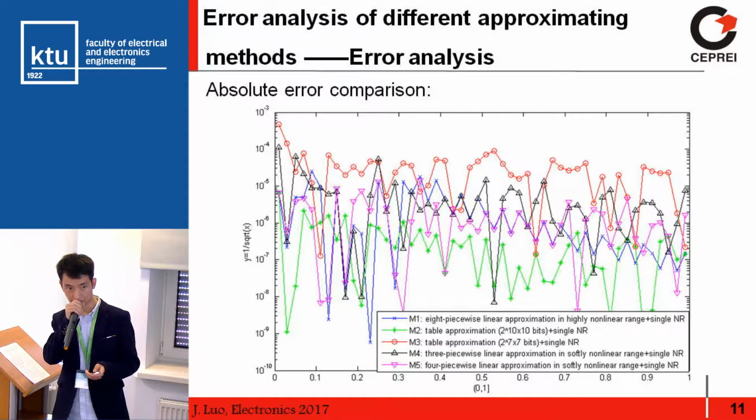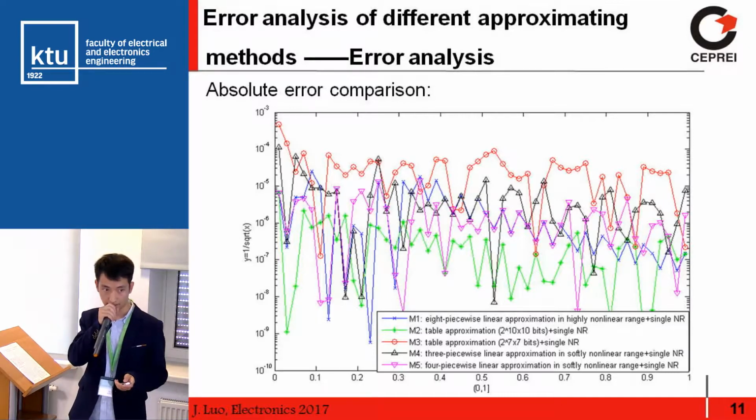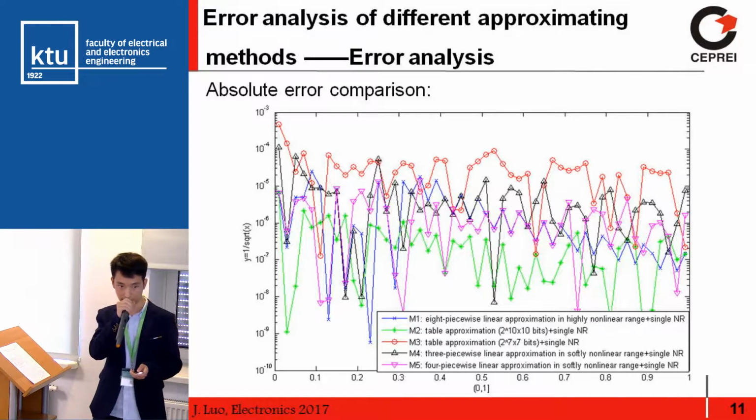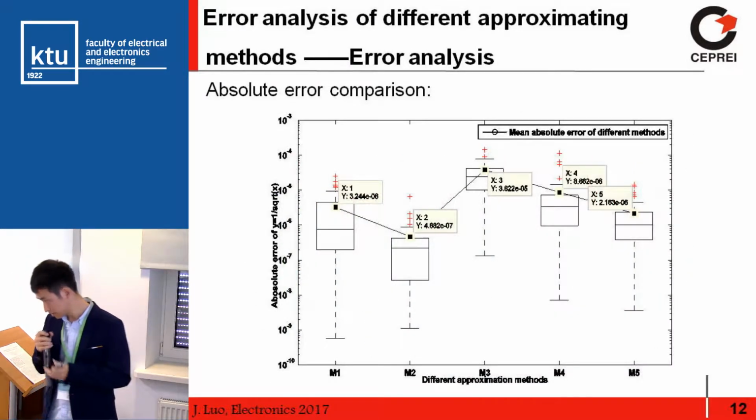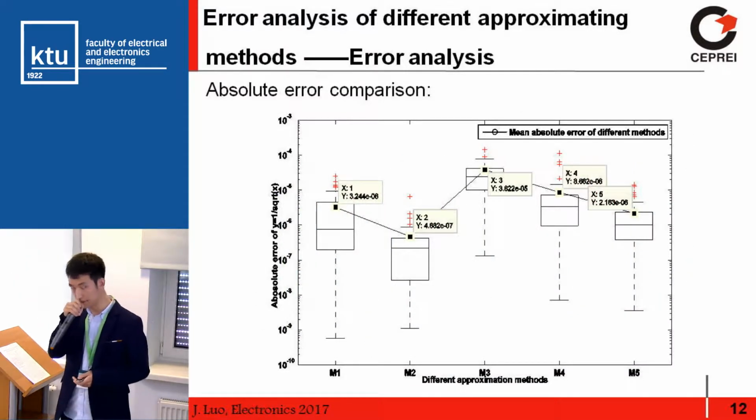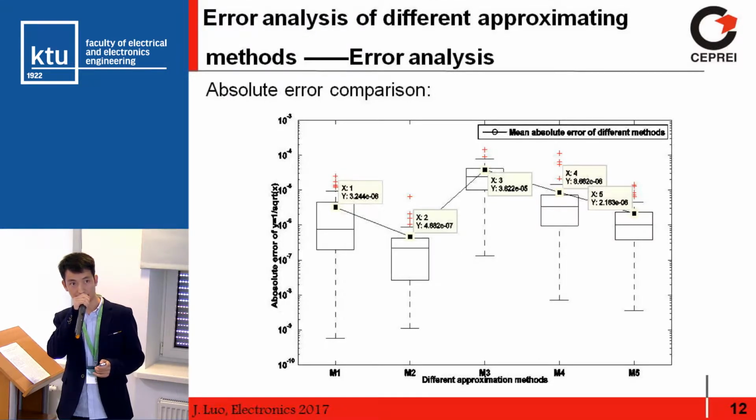M4 is the 3-piecewise linear approximation with a single Newton method, and M5 is the 4-piecewise linear approximation. We can see the average error that the different methods have obtained, from M1 to M5, and we can show the relative average error.